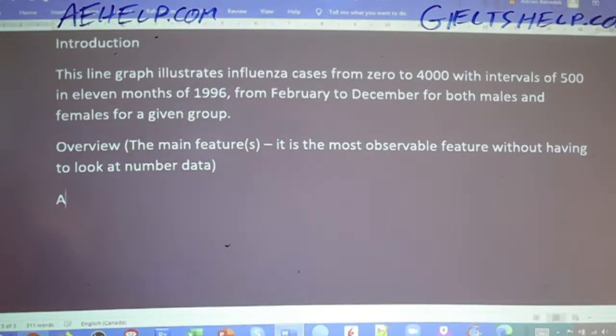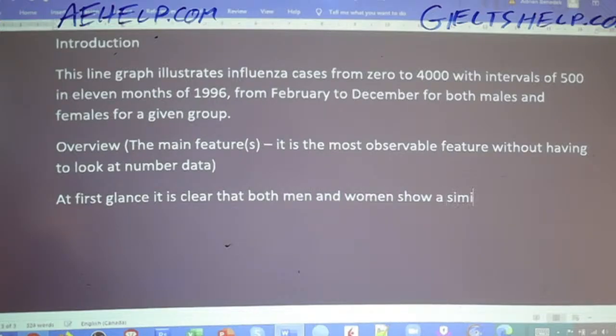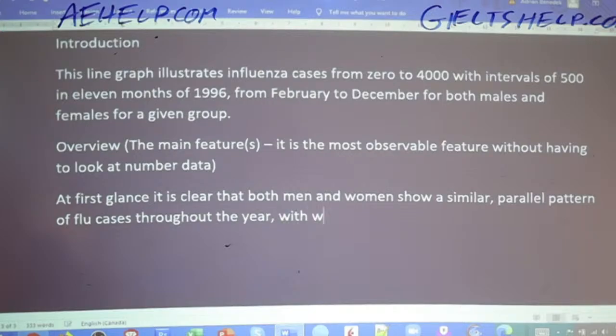Okay, so at first glance, it is clear that both men and women show a similar parallel pattern of flu cases throughout the year, with women having more cases than men in any given month.